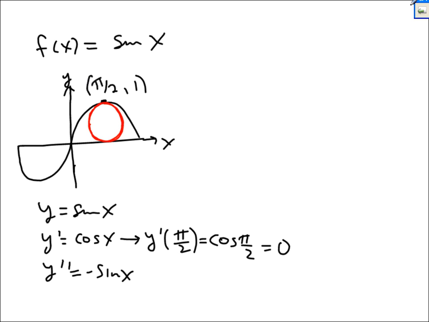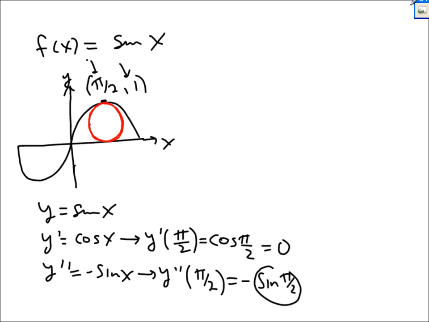And y double prime at pi over 2 is negative the sine of pi over 2. Well, right above, I have the sine graph, and at pi over 2, the y value is 1, with a negative in front.